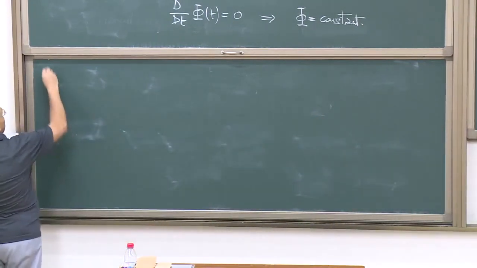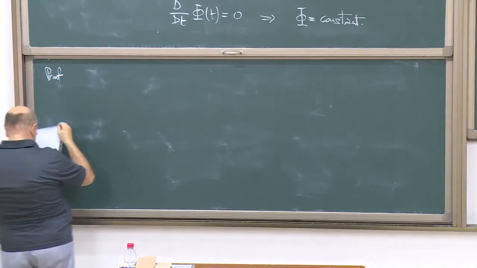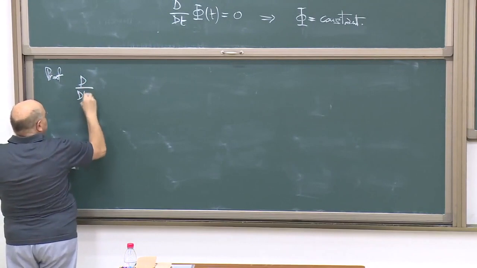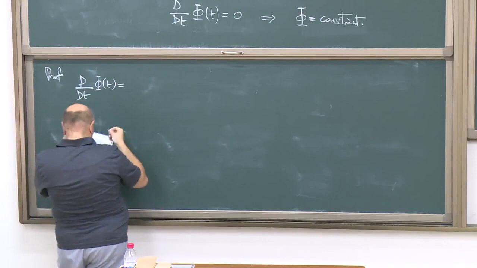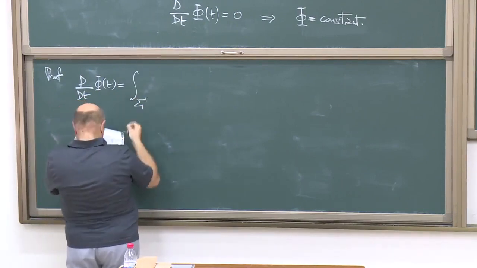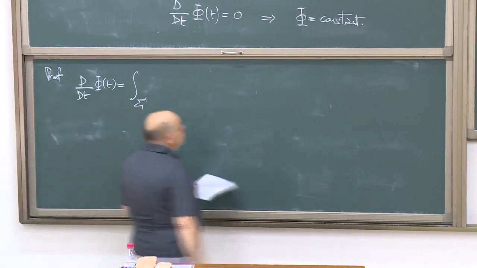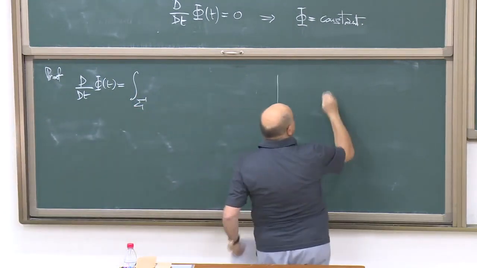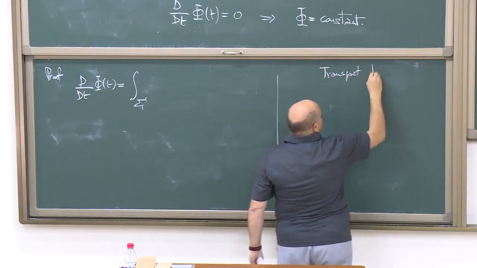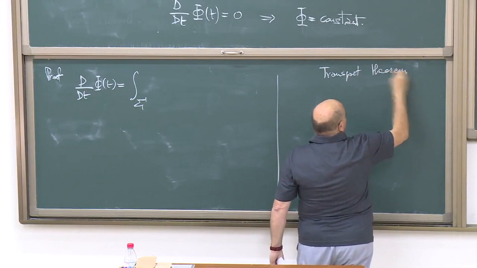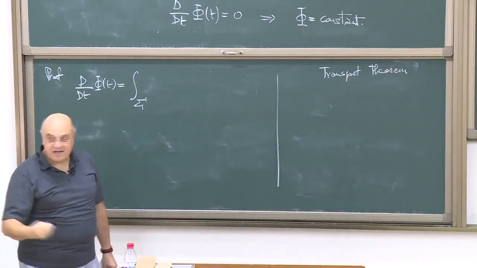You call this theorem: D Dt of phi of t. So this is the integral over sigma. You use the transport theorem, right? So I have to remind you, maybe, the transport theorem for a dynamical quantity, so to speak, for a vector g.